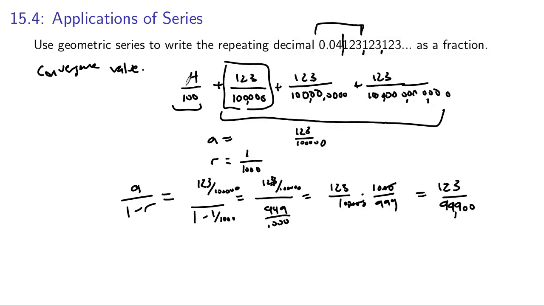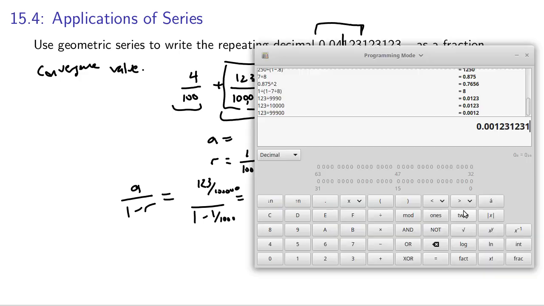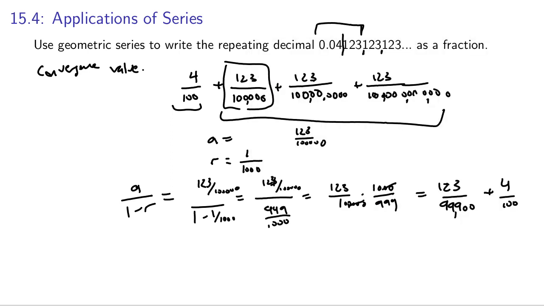Now we need to add our 4 hundredths to this fraction to get the total fraction. In order to add, we need a common denominator. We need to multiply 4 over 100 by 999, so both the numerator and denominator times 999. So we have 4 times 999, which is 3,996, over 99,900 plus 123 over 99,900.